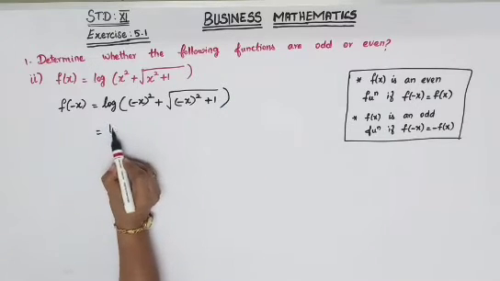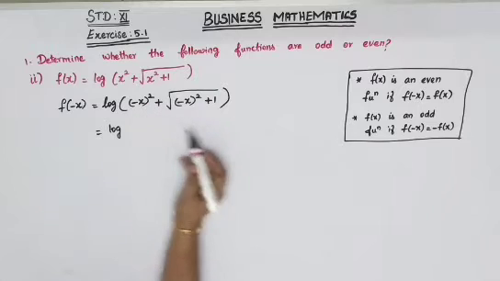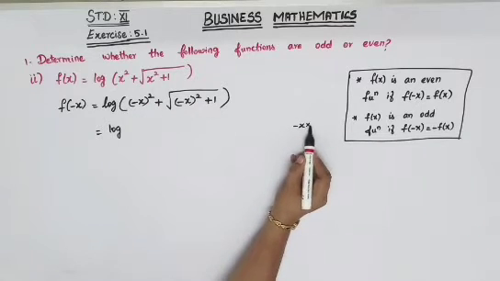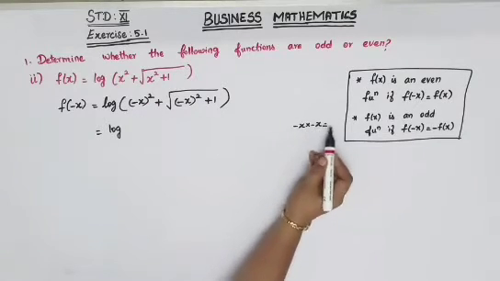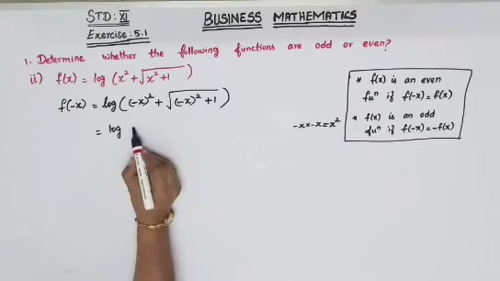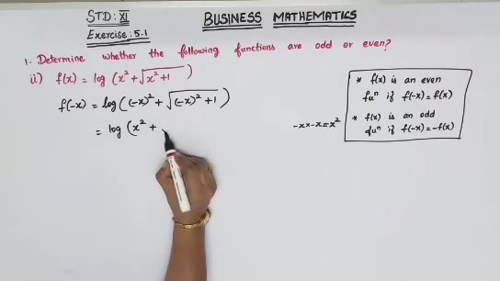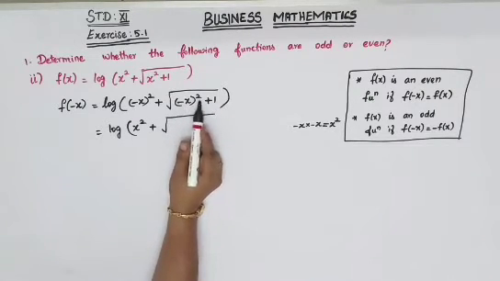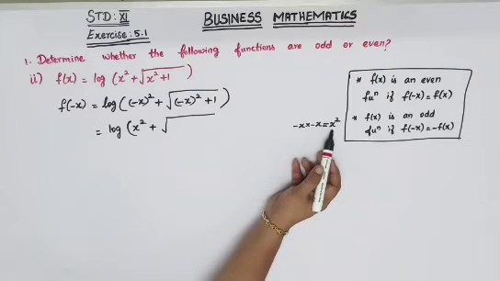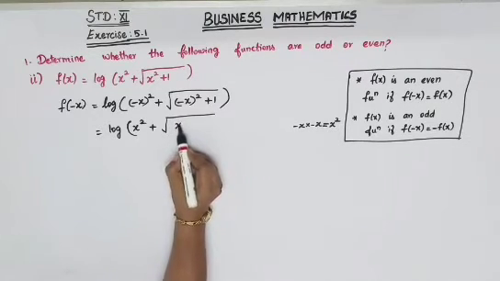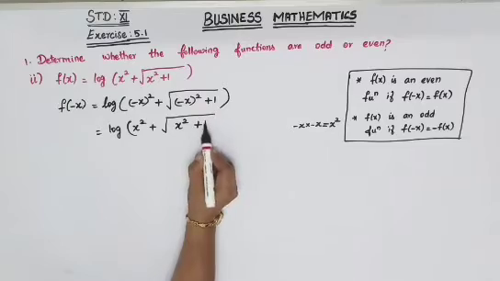Which is equal to log of minus x into minus x; minus into minus is plus, x into x is x square. So I get x square plus root of, again, minus x into minus x, you will have x square, so x square plus 1.